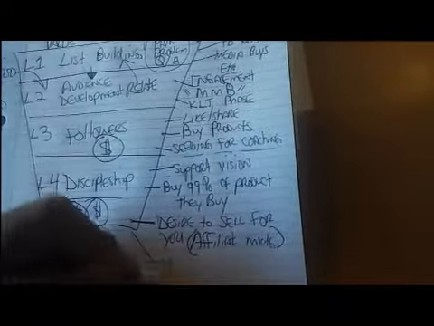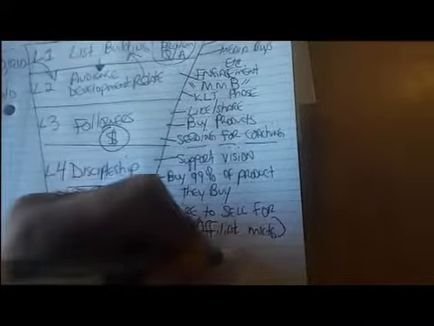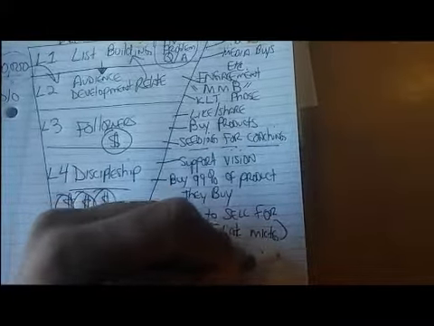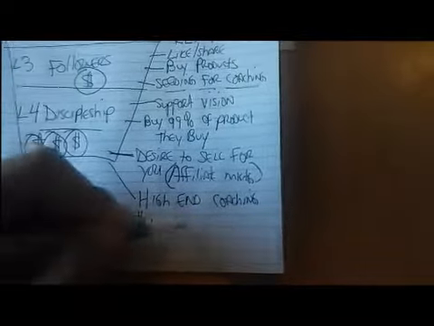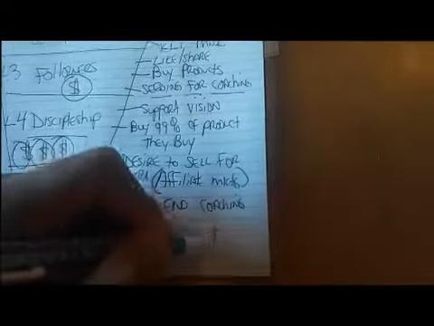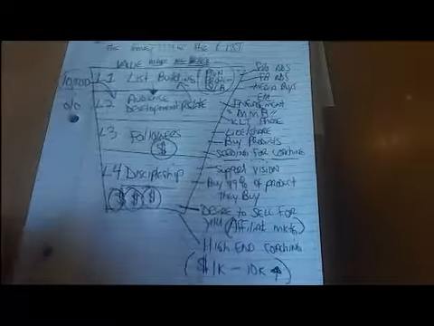And then finally, high-end coaching. If you ever had a desire to actually make good money in coaching, this is where people spend anywhere from $1,000 to $10,000 or more on your value, on your coaching.